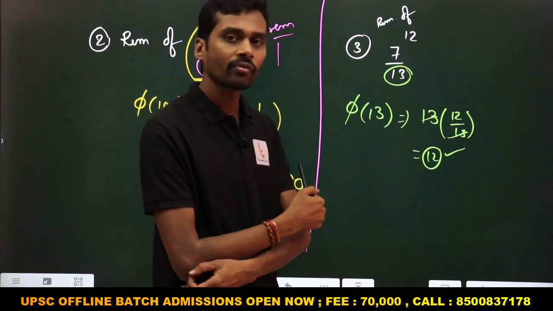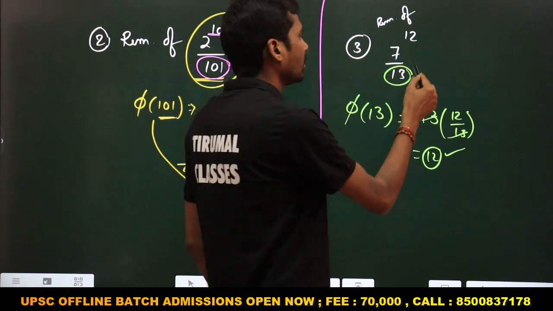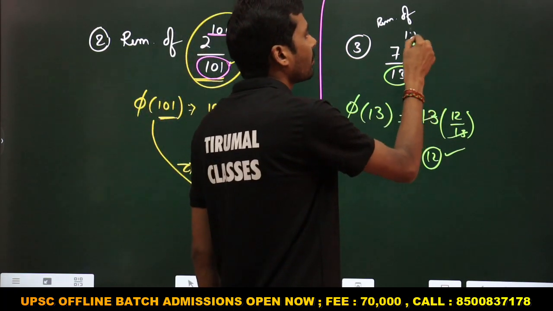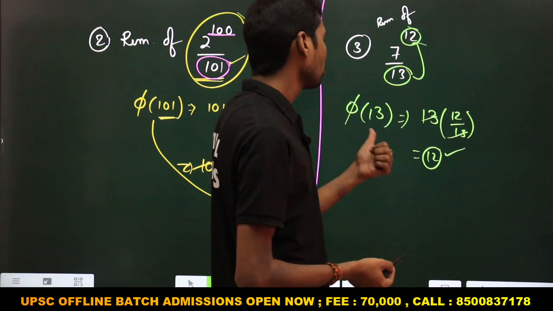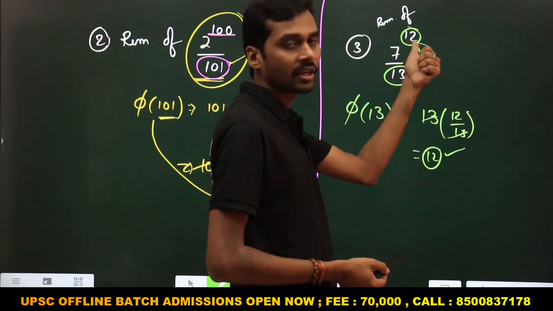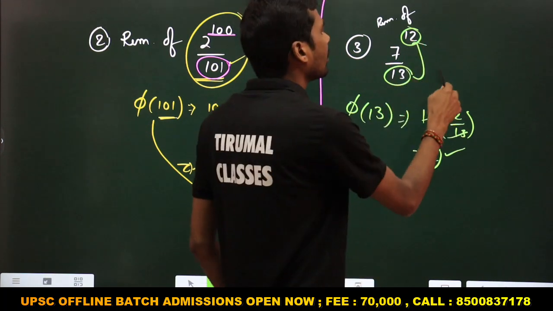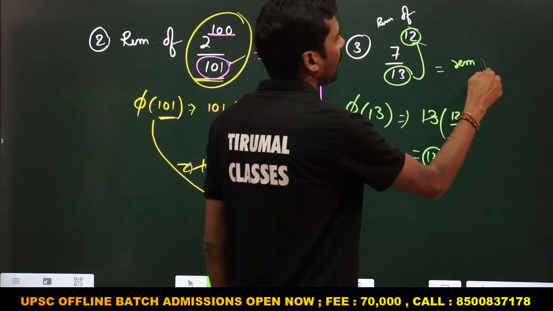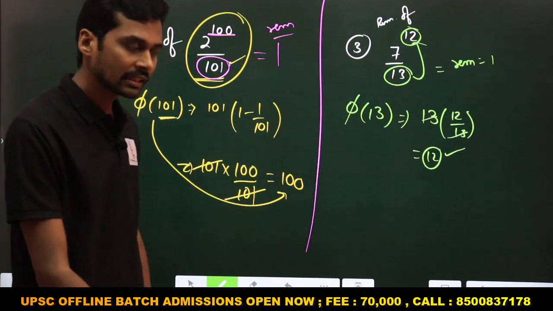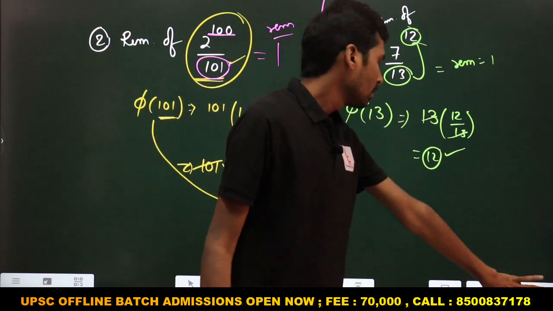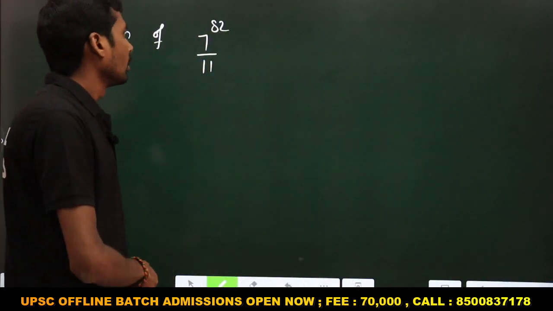Totient of 13 is 12. Now, is the totient of the denominator equal to the power of the numerator? Yes. Totient of 13 is 12, which is there in the numerator power. So the remainder is what? Immediately the remainder is 1. Is it clear? Okay.